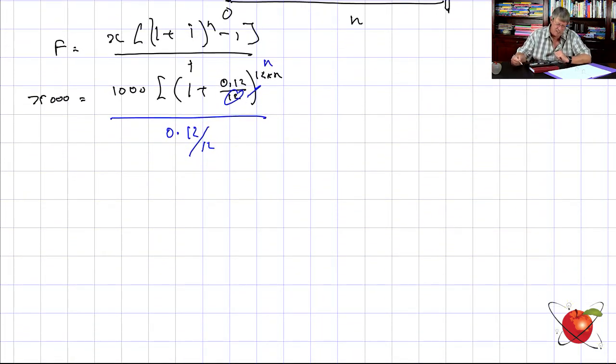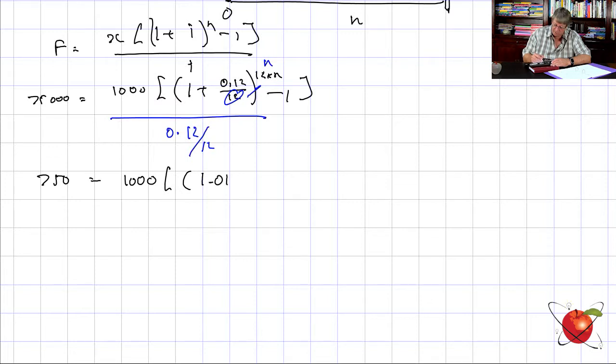My next thing is to say, okay, then 75,000 is equal to 1,000 times 1.01 to the power of n minus 1. Always take them down. Use quite a few digits there if you don't want to use memory in the calculator. That I'm now going to say that's 0.75 is equal to 1.01 to the power of n minus 1.